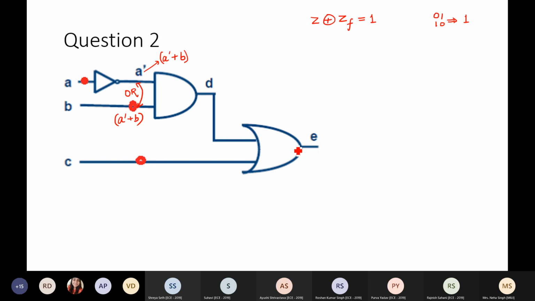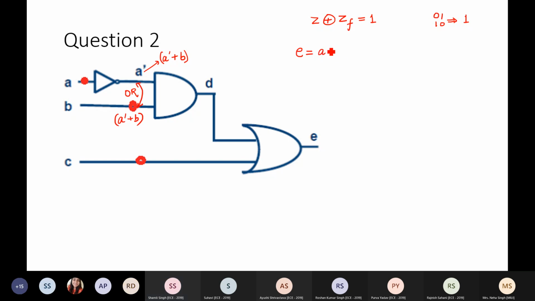So first we find out the expression of this output E without fault. Find out the Boolean expression for E. It should be done quickly.